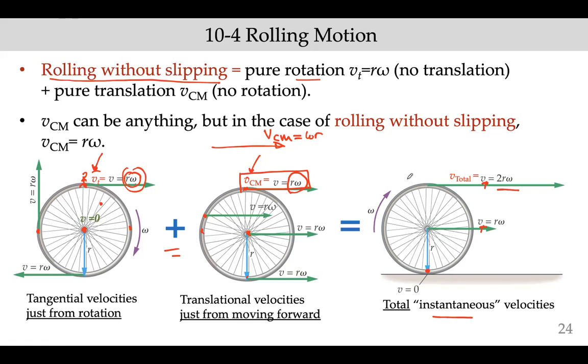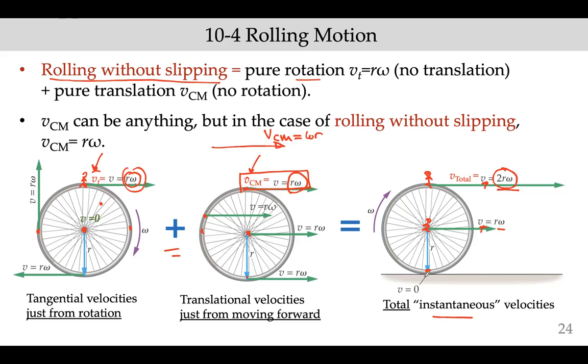And the velocity at the top point is 2r omega. So if you're a small person sitting here, you would say your total velocity is 2r omega. And if you're sitting here, you would say it's r omega. And if you are here, then instantaneously, you would feel 0.